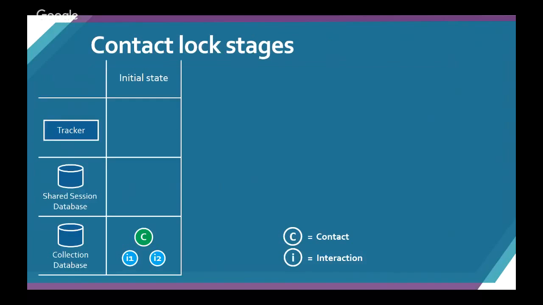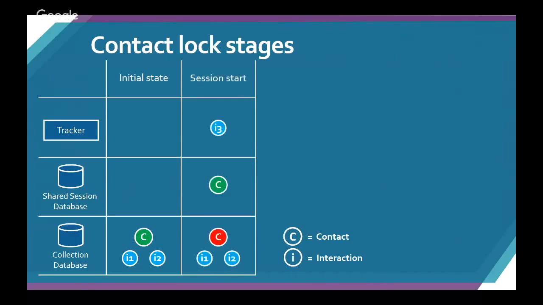So I decided to visualize what happens and at what stages the contacts are located in which database or storage. So initially, when there are no sessions for the contacts on the website, the contact is stored in the collection database, or in MongoDB, in other words.